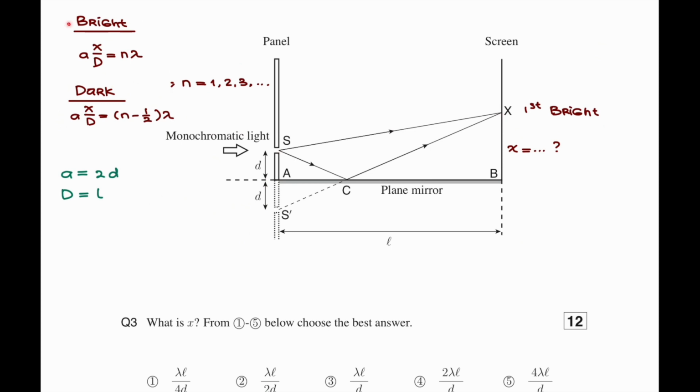This is the basic, general formula of Young double slit. This formula is used when the light waves are in phase.